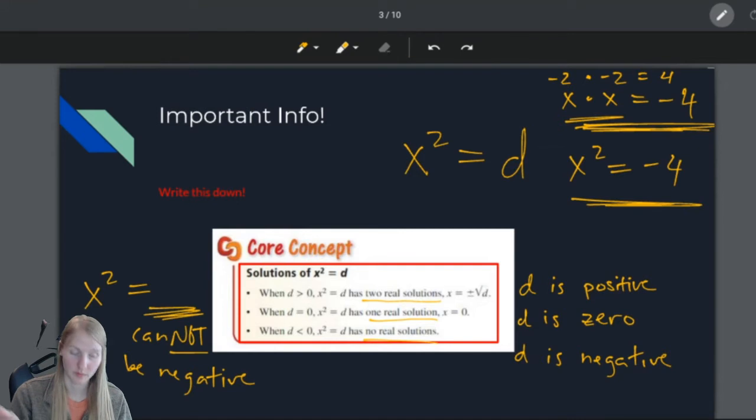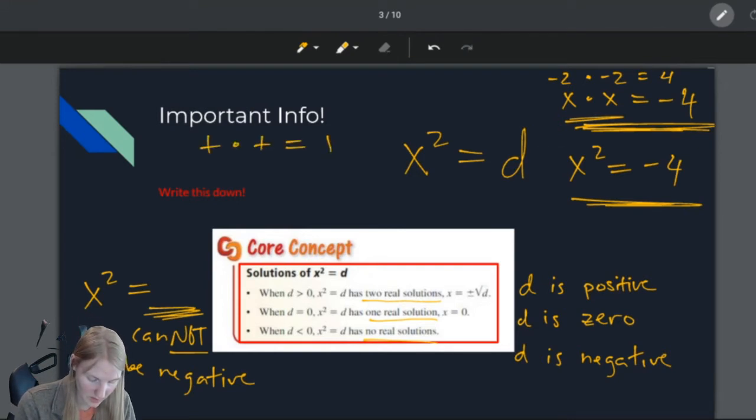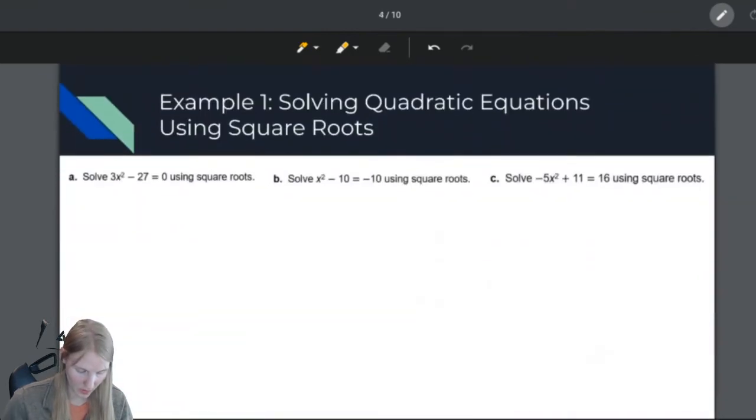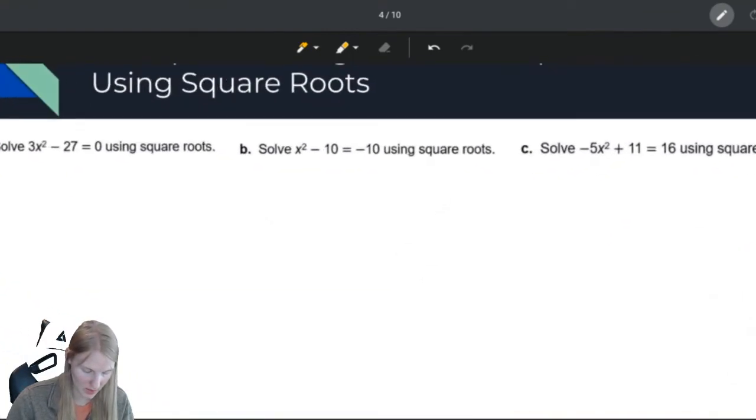Positive times positive is a positive, and a negative times a negative is still a positive, so it's always positive. That is what makes it so that it cannot be negative. Yeah. Okay, so let's jump right into some examples, shall we?